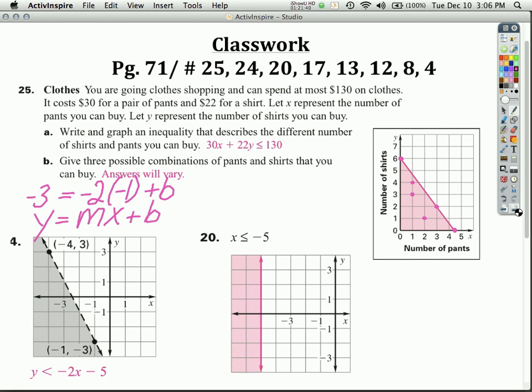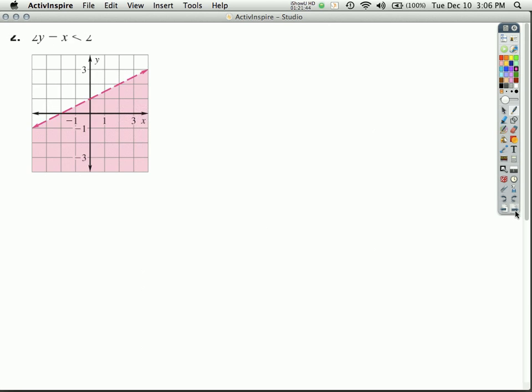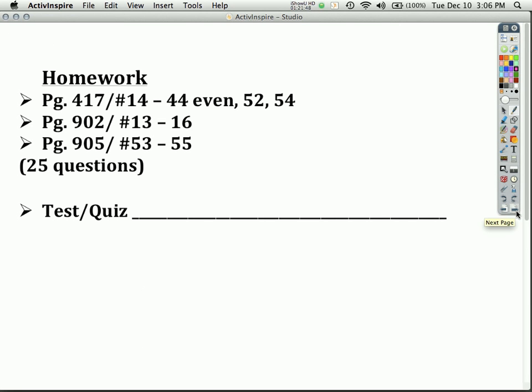Okay, I do have to hustle up and give you your homework. So draw a line across your paper. Your homework is page 417, numbers 14 through 44 even, and numbers 52 and 54. Then you have a few review questions.